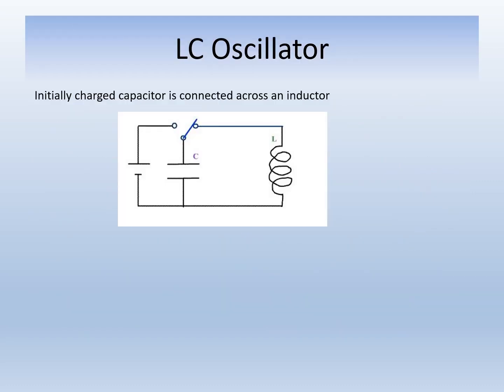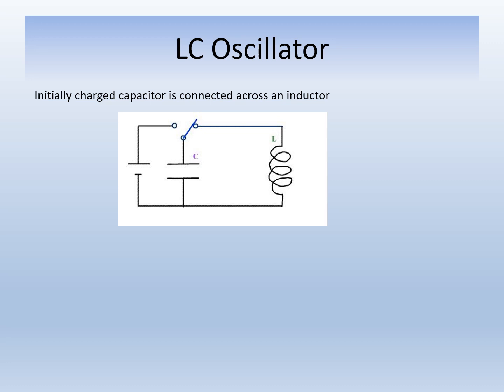We are going to see a very interesting phenomenon when we have an inductor and a capacitor connected parallel. First, we have to give one of these devices energy. That is why we have a battery in the circuit. So we first connect either the inductor or the capacitor to the battery and energize it.